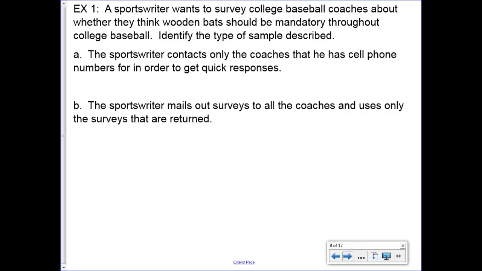Well, again, that would be convenience if he's only using who he has a cell phone number for. It's a convenience sample. Sports writer mails out surveys to all the coaches and uses only the surveys that are returned. Well, you are volunteering to return them. That is a self-selected sample.